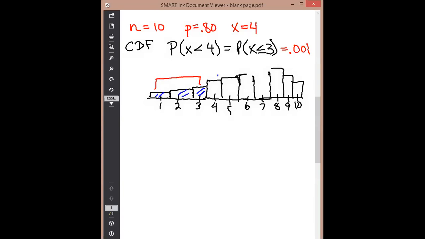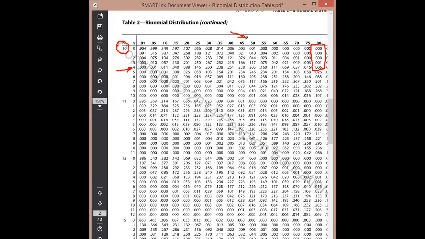Let me switch again and show you this. Again, we're working with n, your number of tries, 10, and x, your number of successes, 4, is right here. So we want less than 4, so that's less than or equal to 3. That's these three added together.